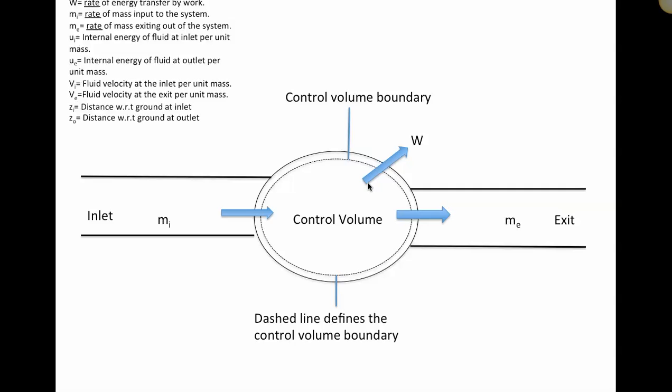Energy flows out of the system in the form of work in this particular diagram. And Q is heat flowing into the system through the control volume boundary. Zi is the distance of the inlet from the ground, and Ze is the distance of the exit from the ground.